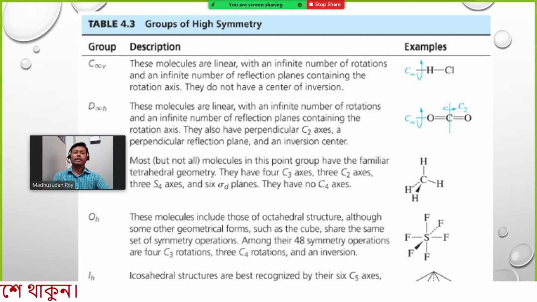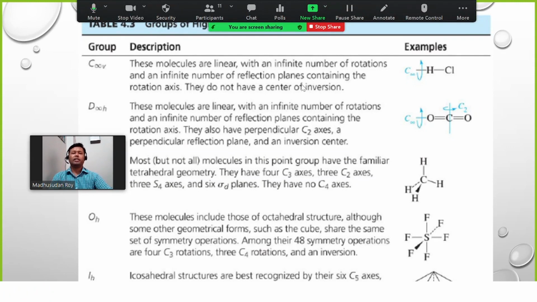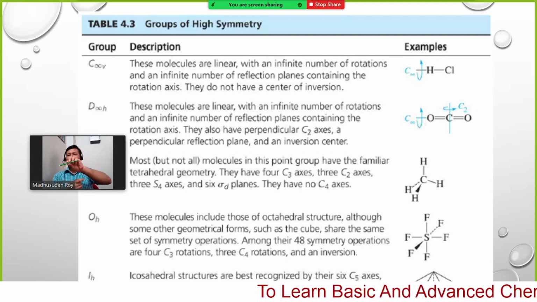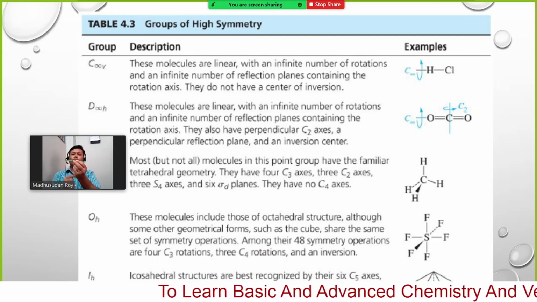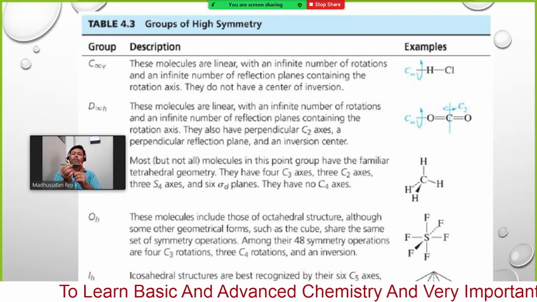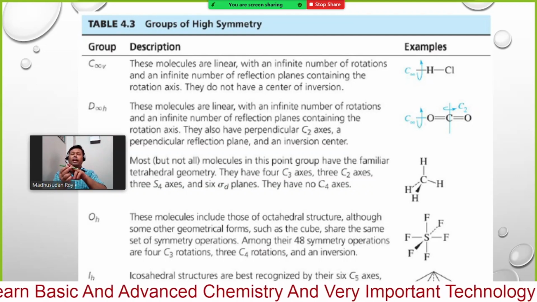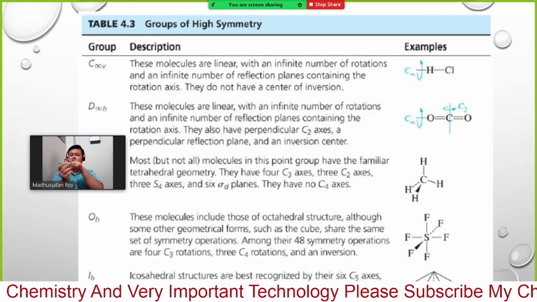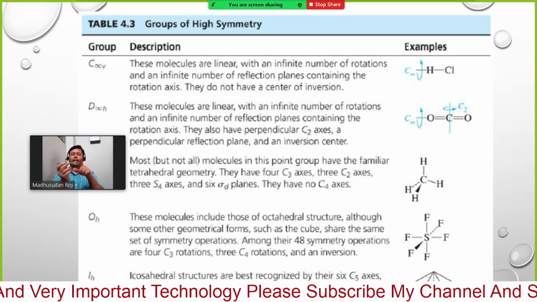These molecules are linear with an infinite number of rotations and an infinite number of reflection planes containing the rotation axis. They do not have a center of inversion. That means if you invert the molecule, this is chlorine, this is hydrogen, they change their position, but they do not give the identity, because chlorine was on this side and hydrogen was on this side.